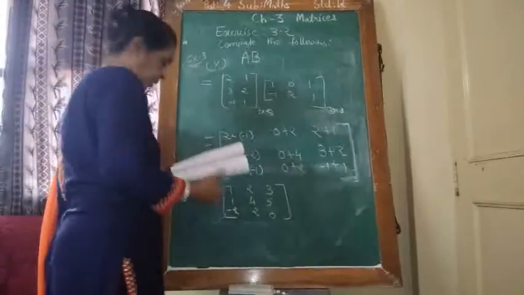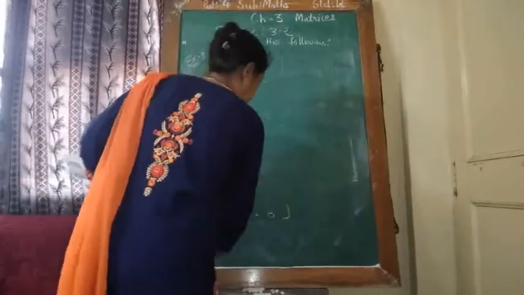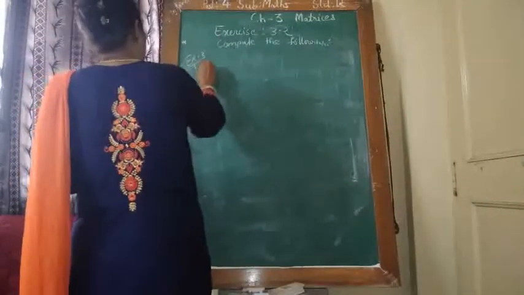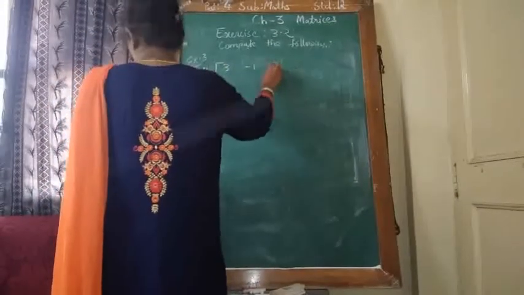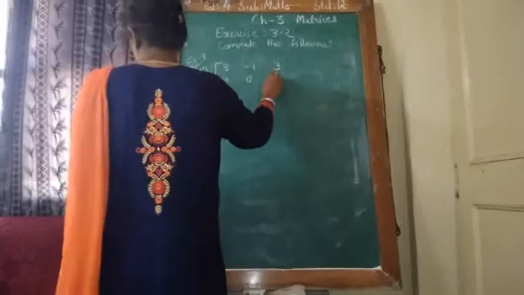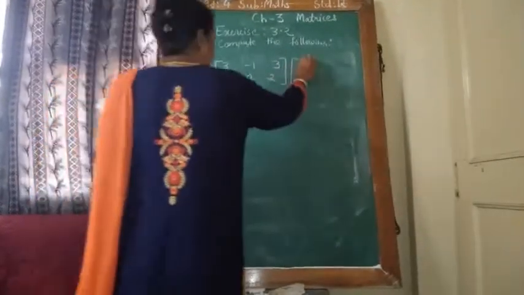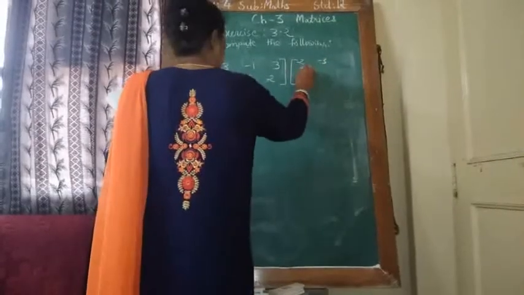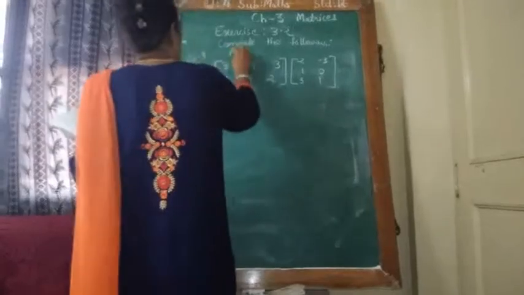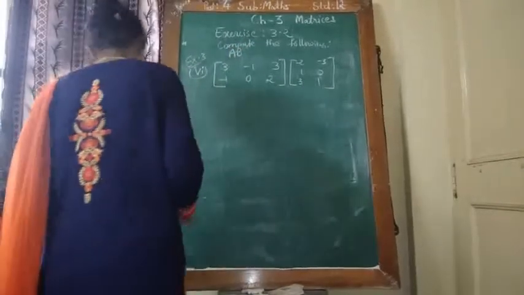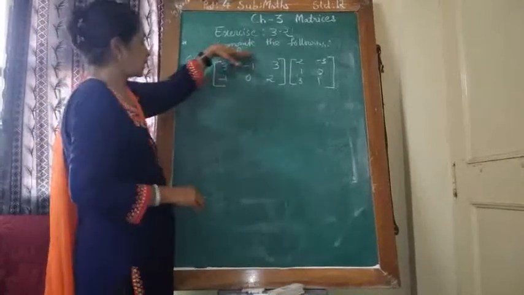The last one of this example is called the last sum of 6 numbers. More practice, okay, for multiplication, because practice makes you perfect. I give the name of this matrix as A and this matrix as B and I write it AB is equal to.